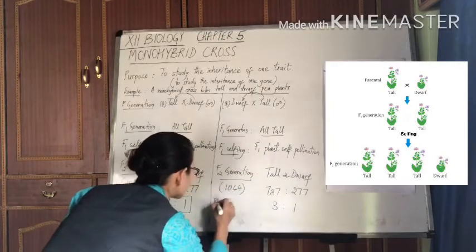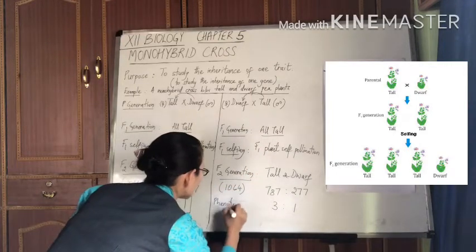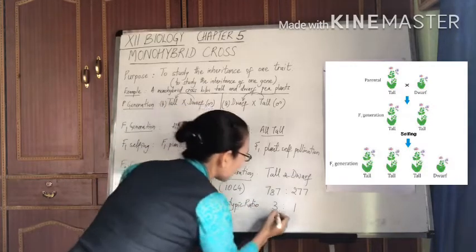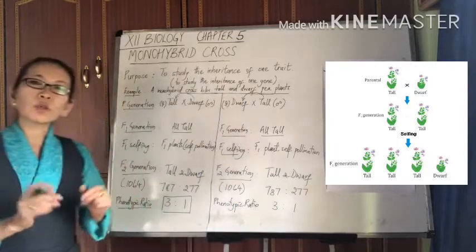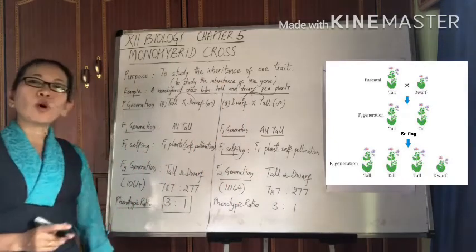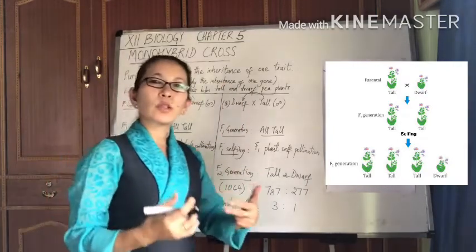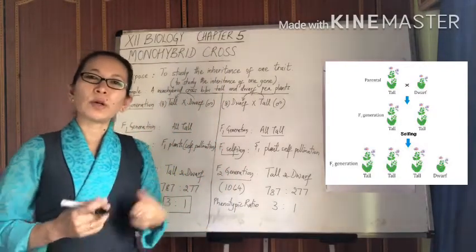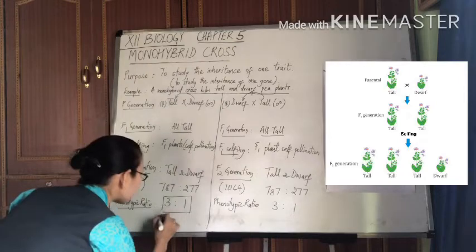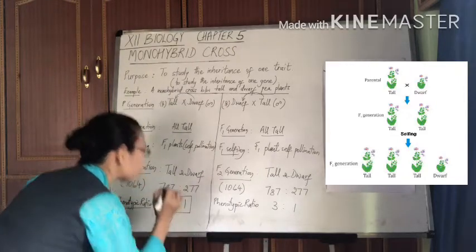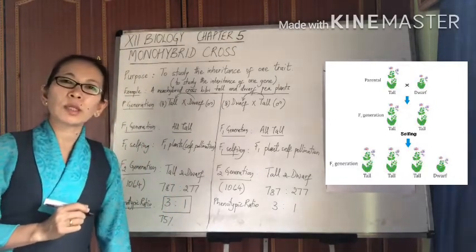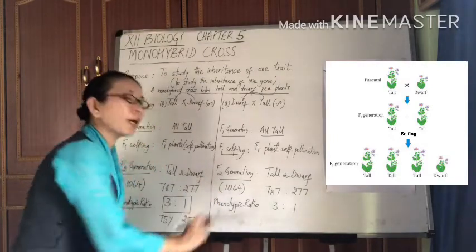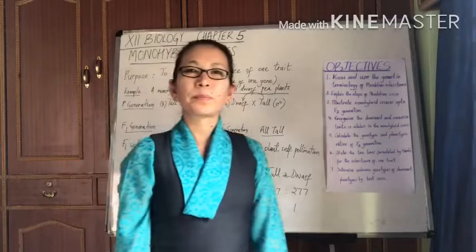So the F2 phenotypic ratio was almost 3:1, where of the total plants, 3 parts of the plants had the tall character and 1 part of the plants had the dwarf character. Or in another way we can say 75% of the plants showed the tall character and 25% of the plants had the dwarf character.